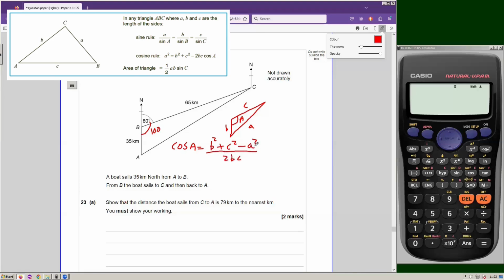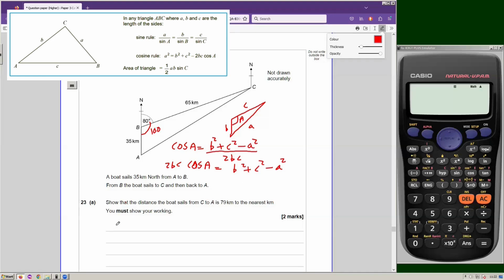Move this around for A. We'll have 2BC cos A equals B squared plus C squared minus A squared. I'm going to take the minus A squared over there, bring the 2BC cos A this side, and then square root it.